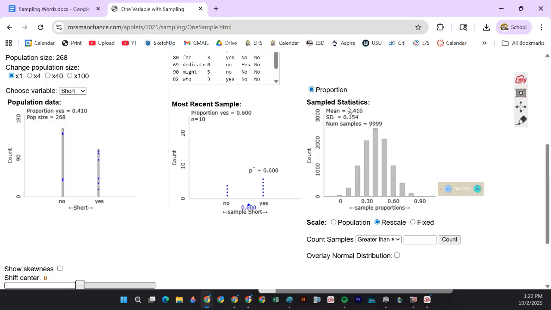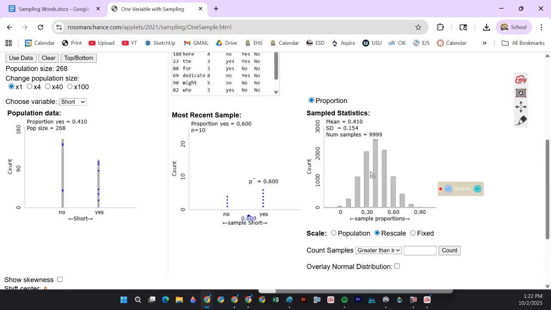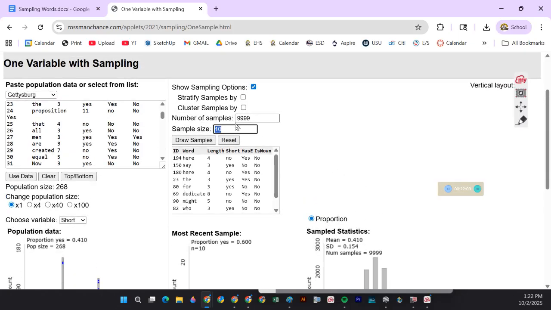Okay, remember these numbers. 0.41 and 0.154. Okay? If I change this to 30, what does that do? What are we actually doing there? What does the 30 mean? Each dot is 30. Right, each dot in the sampling distribution is going to be a sample of 30 words.